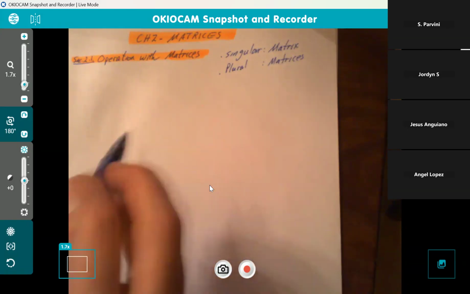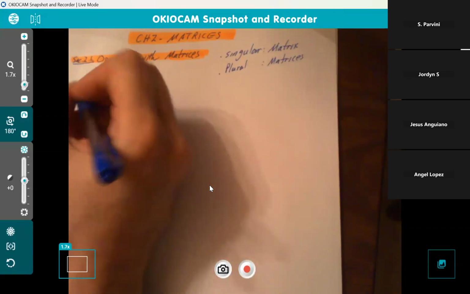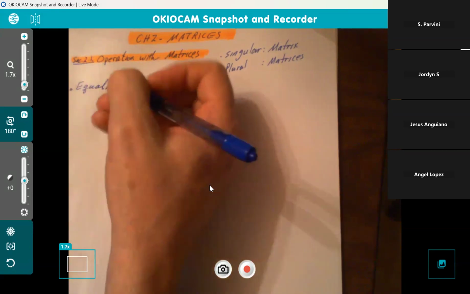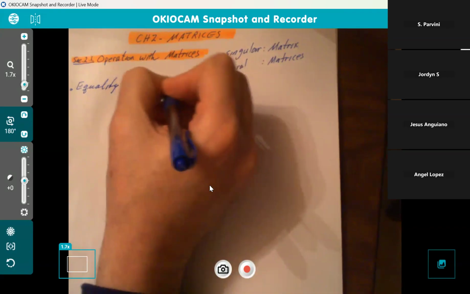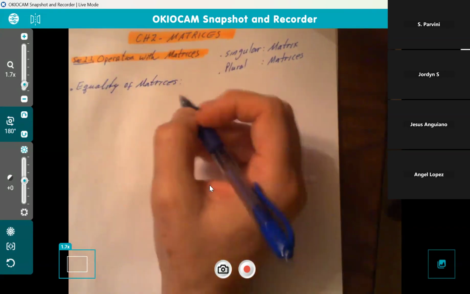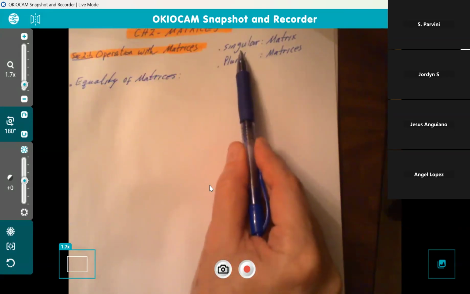But before we do that, let's talk about some key ideas here. One would be the equality of matrices. So here, what we want to know is how can two matrices be equal. By the way, the word matrix is the singular form of the word.